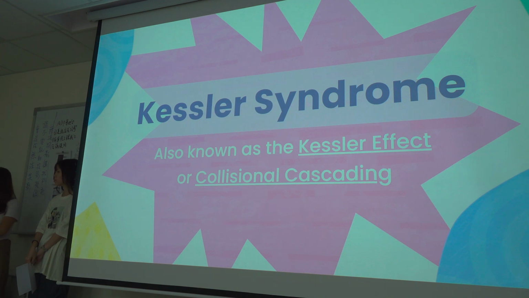Although there have been no accidents caused by the Kessler syndrome so far, a considerable amount of space debris has been observed in orbit. The risk associated with the Kessler syndrome has always existed. Currently, both NASA and the European Space Agency are actively monitoring this issue and discussing preventive measures.